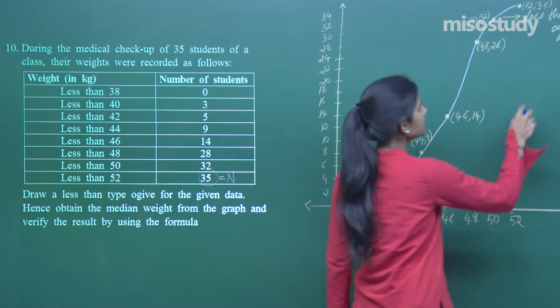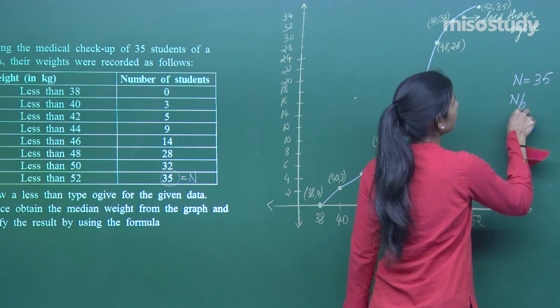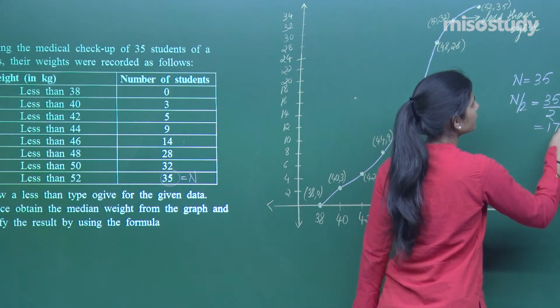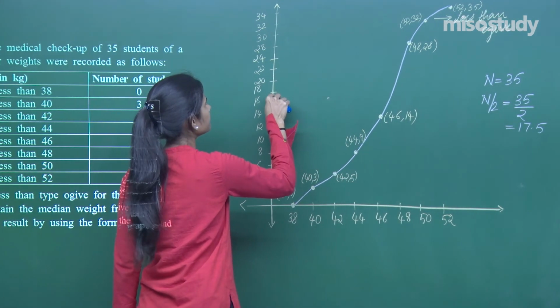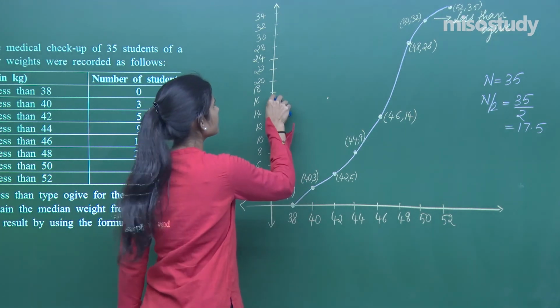If your capital N is 35, then capital N by 2 is 35 by 2, which is 17.5. Mark this point on the y-axis. Clear?